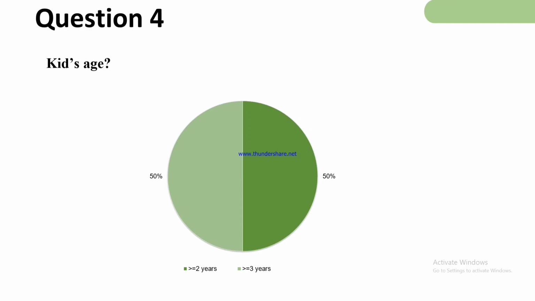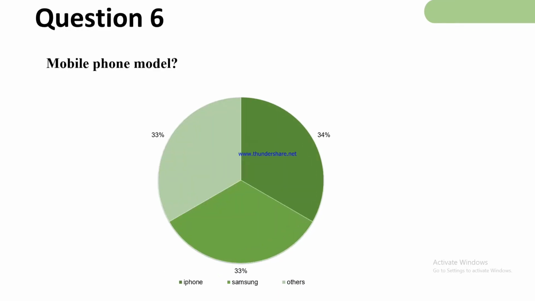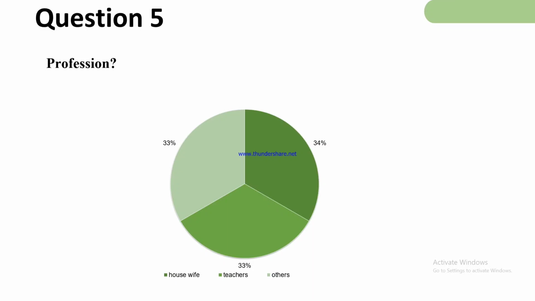Next, there is kids' age. Half of the users' kids were under 2 years, and half were under 3 years. The profession: some were housewives, some users were teachers, and some had other professions.